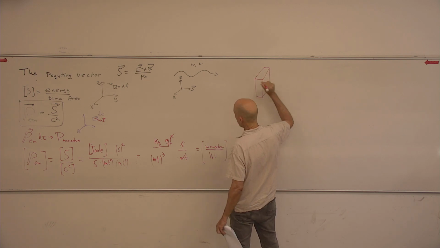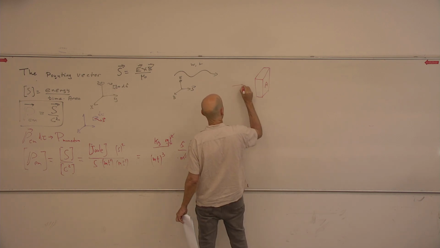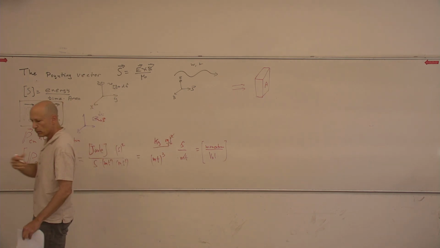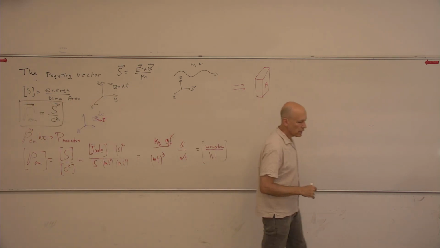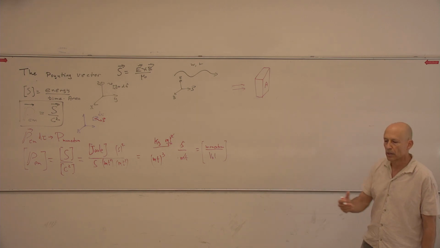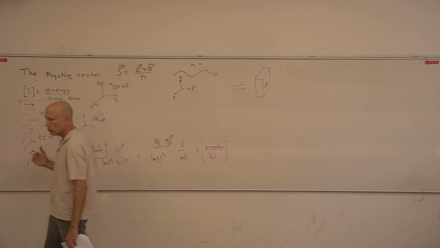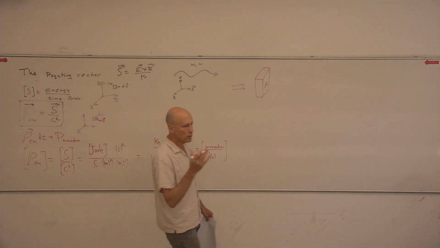This box has some area A, and let's say there are electromagnetic fields going in this direction. Just for the convenience of discussion, let's say that these objects moving inside here, that are transporting the energy and the momentum, go at the speed of light, c, which we know is true. These are the photons.